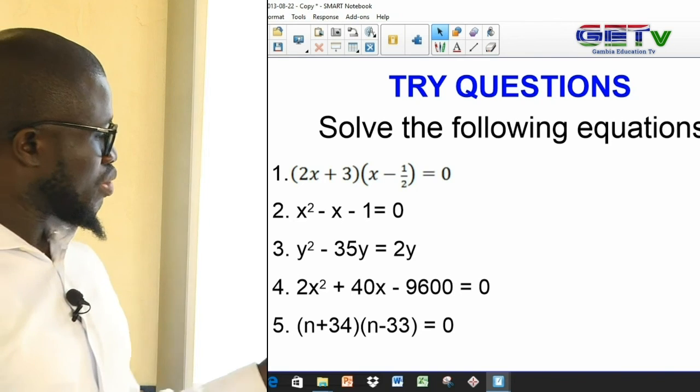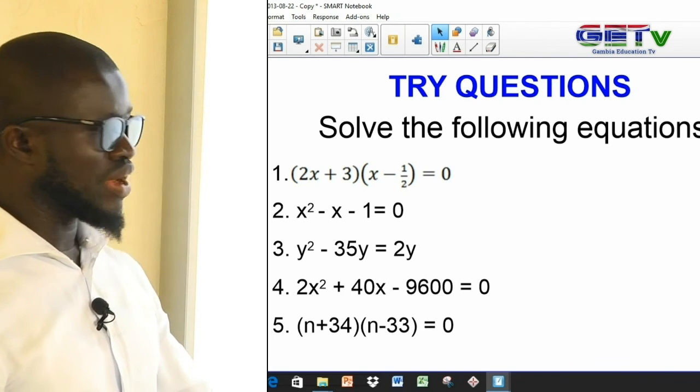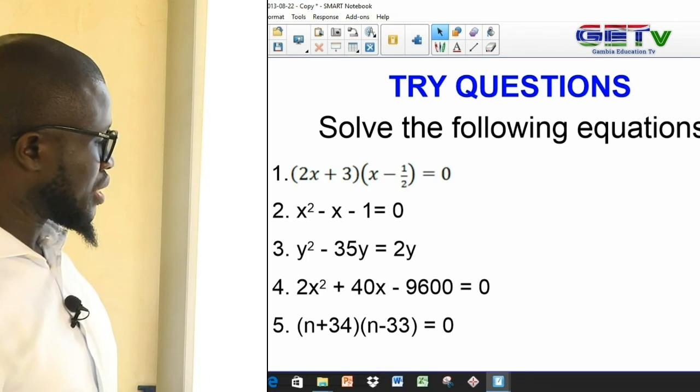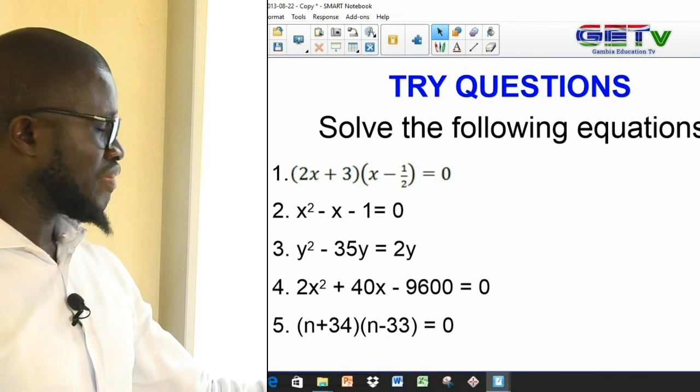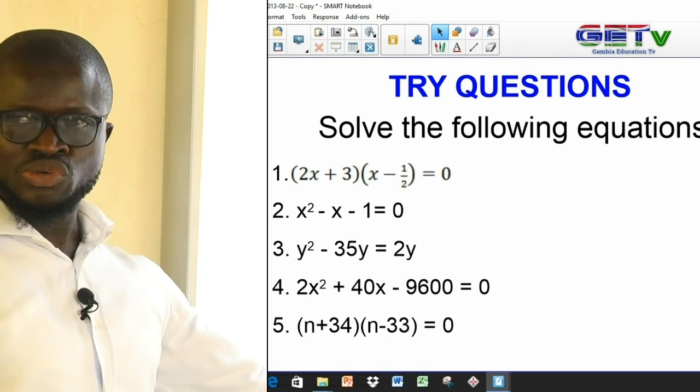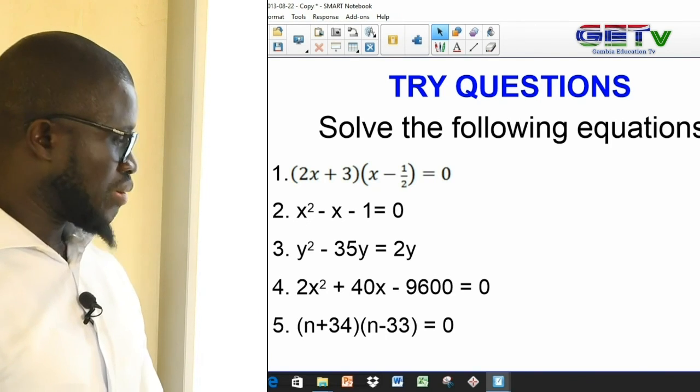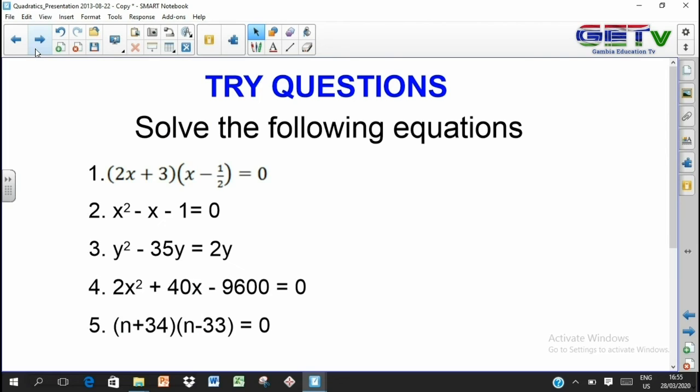Question 3, y square minus 35y equals 2y. Question 4, 2x square plus 40x minus 9,600 equals 0.